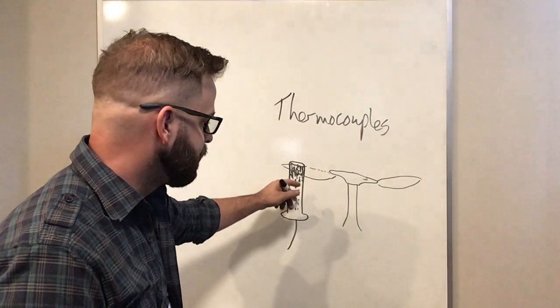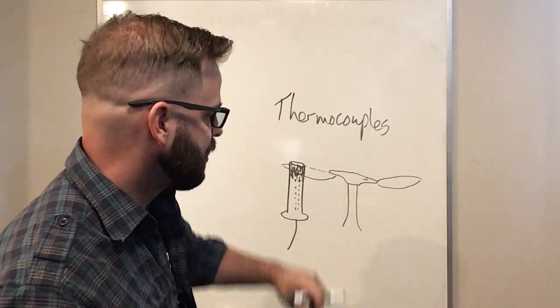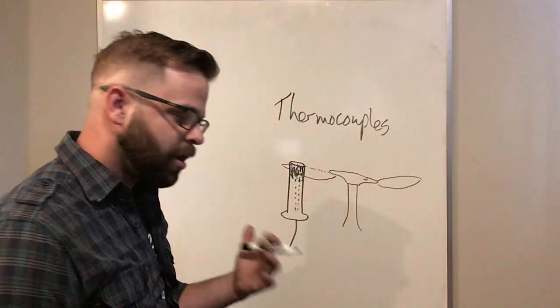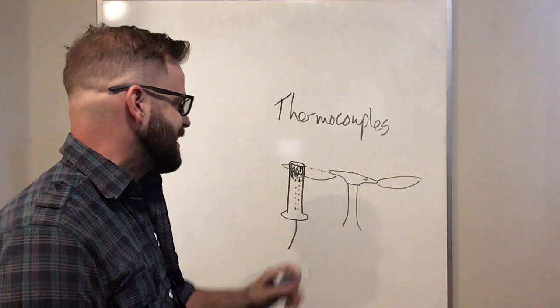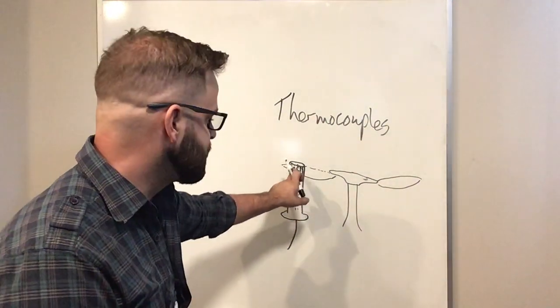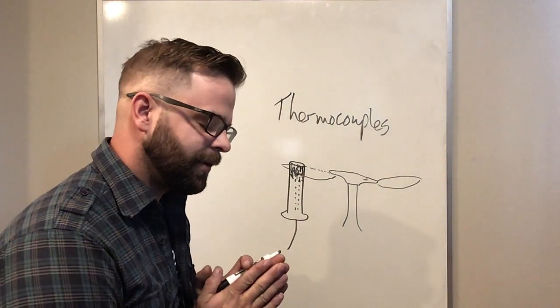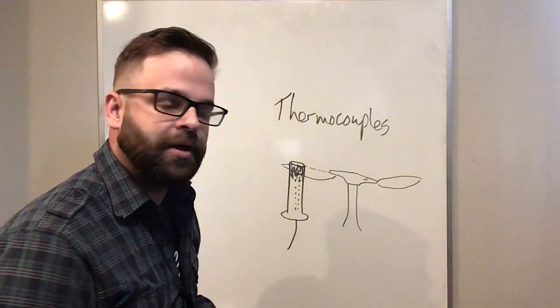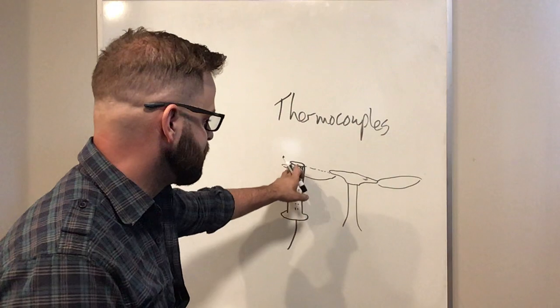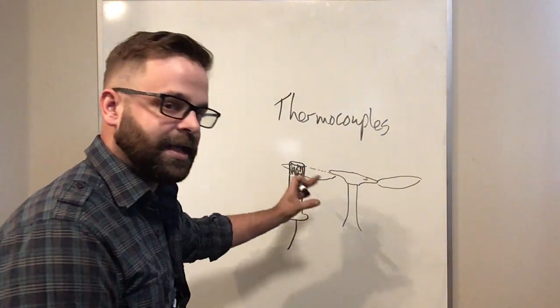And when soot buildup is on the outside of that, so soot buildup is carbon buildup, the heat can't get into or be sensed by that thermocouple as well as it would have if it's just pure metal conducting that heat in.